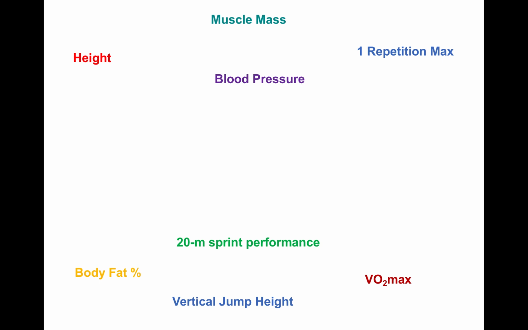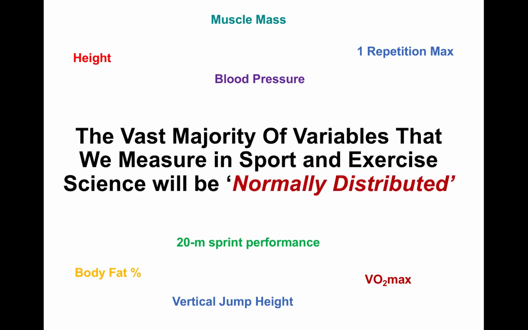We might be interested in body composition, body fat percentage, etc., etc. And a key characteristic of many of the variables that we measure in sport and exercise science is that they will be normally distributed. They will come from a normal distribution. So what does that actually mean? We covered this a little bit in lecture 1, but we're just going to refresh now again in case you need a little bit of a refresher on that.